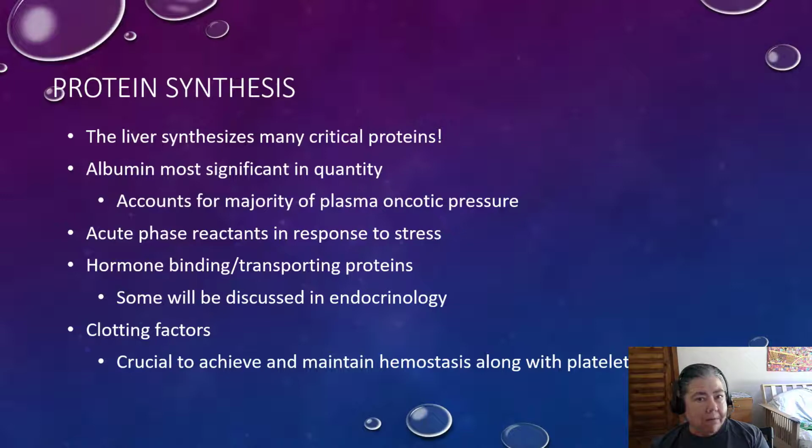And you remember that edema can occur when we have insufficient albumin, and that can happen when either the liver isn't working and isn't making albumin, or when the kidneys aren't working and are losing too much albumin. But the protein albumin is synthesized in the liver.